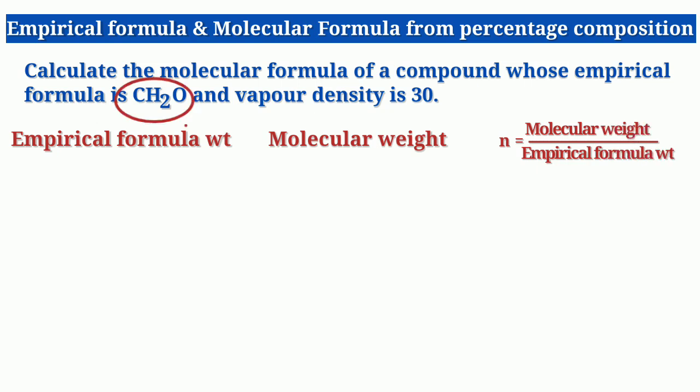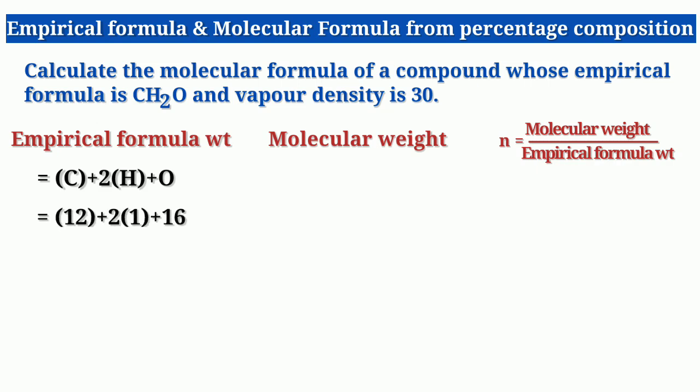Empirical formula of the compound given is CH2O. So it contains 1 carbon atom, 2 hydrogen and 1 oxygen atom. That is equals to 12 plus 2 into 1 plus 16, which comes to 30. So empirical formula weight is 30.